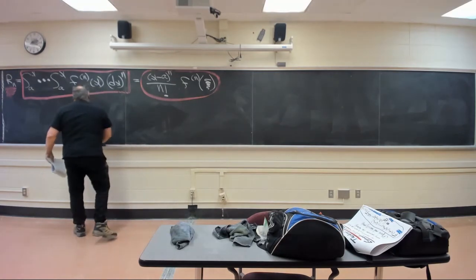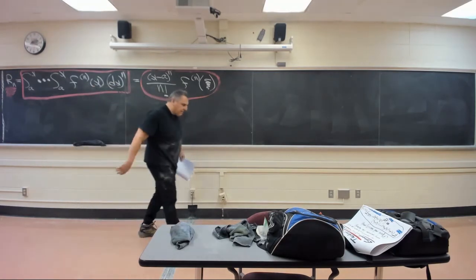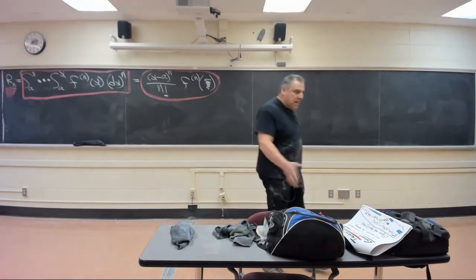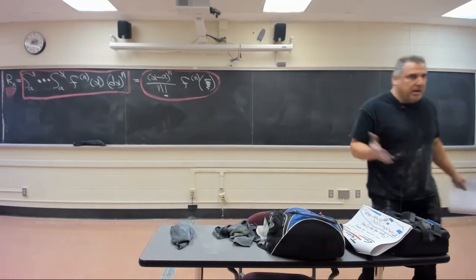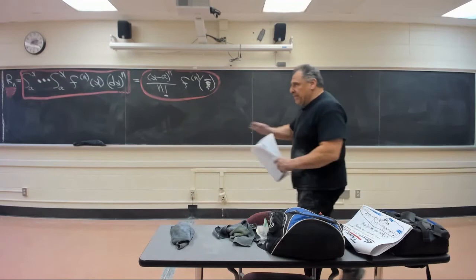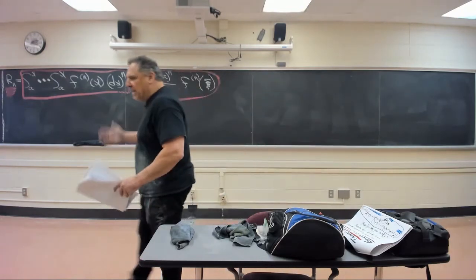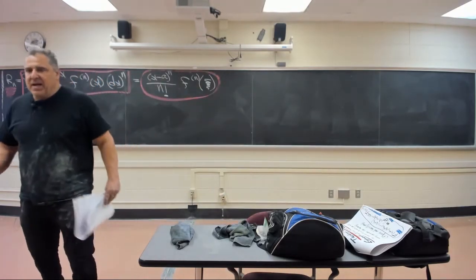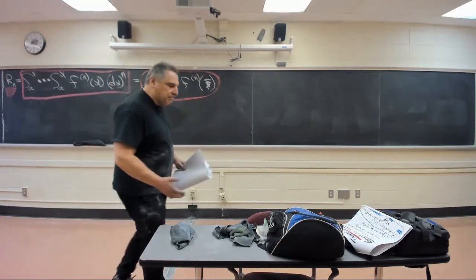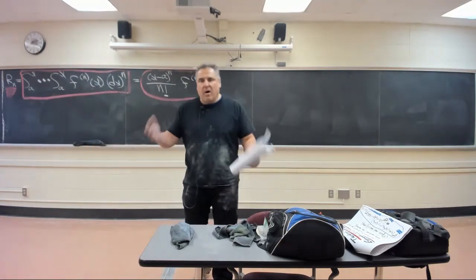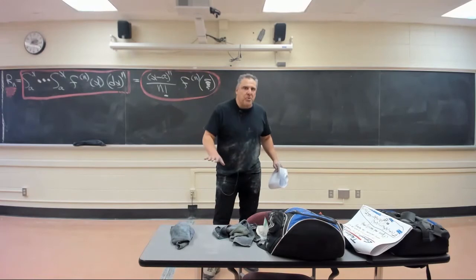that nth derivative of f definitely has a minimum value, probably. It may not, but maybe all the values are the same, so the minimum value is the same as the maximum value because it's a constant. But let's look away from maybe trivial examples and say, all right, there's a minimum value there.